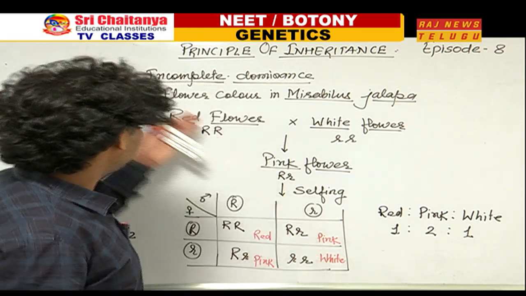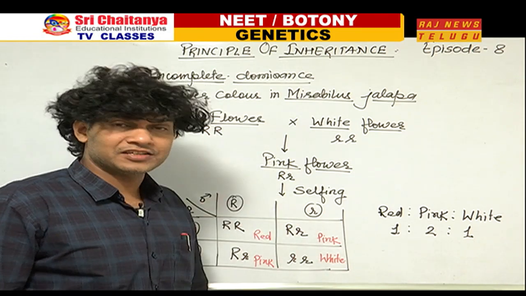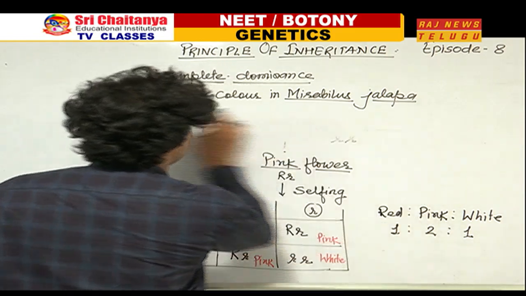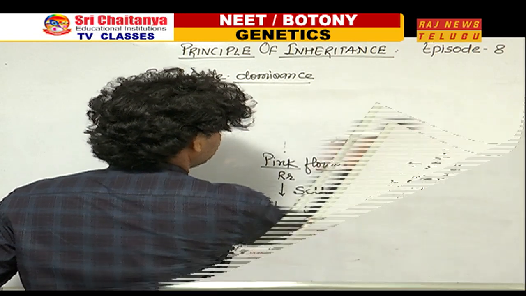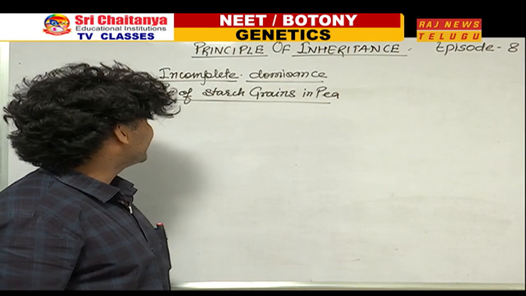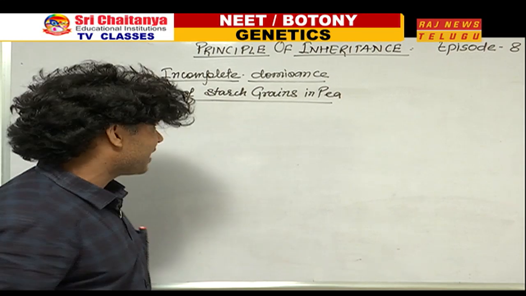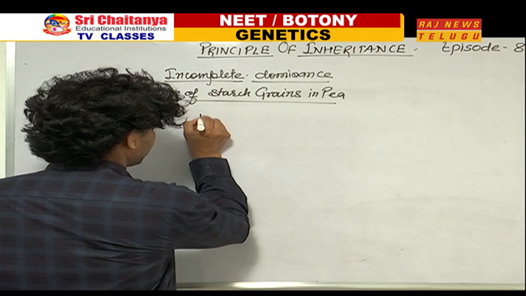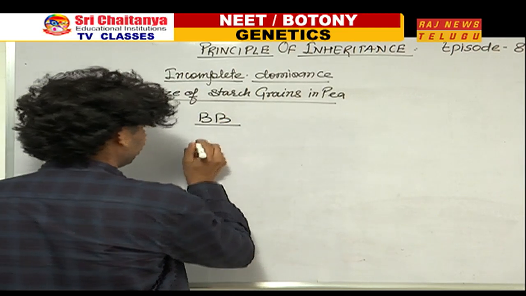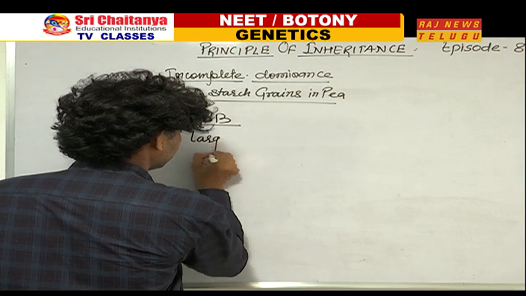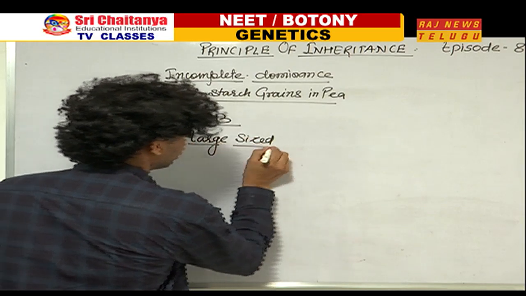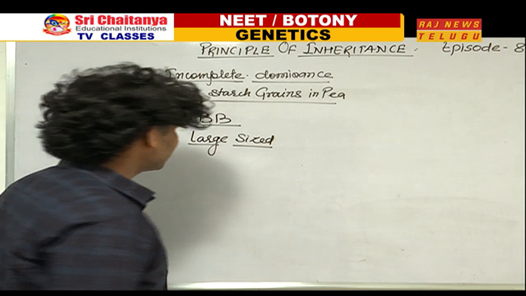Here you studied only one case, the flower color in Mirabilis jalapa. One more case is mentioned in our NCERT, which I am also going to discuss with you. The second example mentioned in our NCERT about incomplete dominance is the size of starch grains in the pea plant. In the pea plant, if capital B gene is present in homozygous condition, then large sized grains of starch arise.